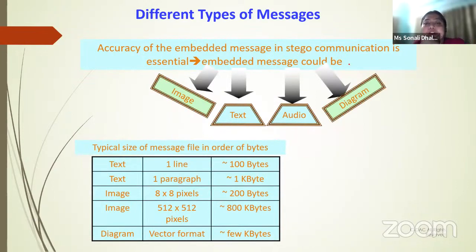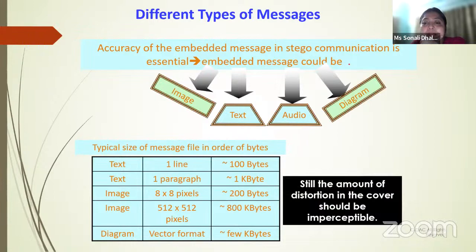The message also can be of any type of multimedia object, and its size can vary from 1 letter to multiple bytes or kilobytes of message, depending upon the size of the cover file. But the amount has some limit, because if we don't consider the message size, some distortion may arise in the cover.